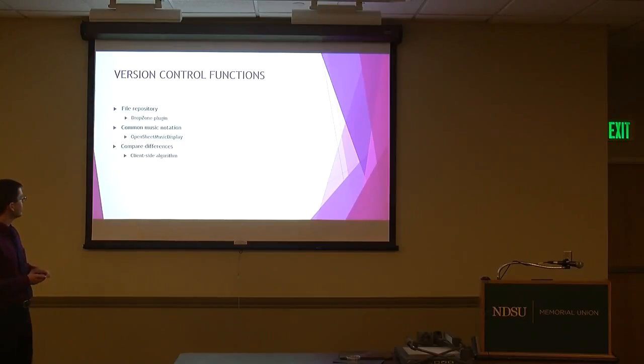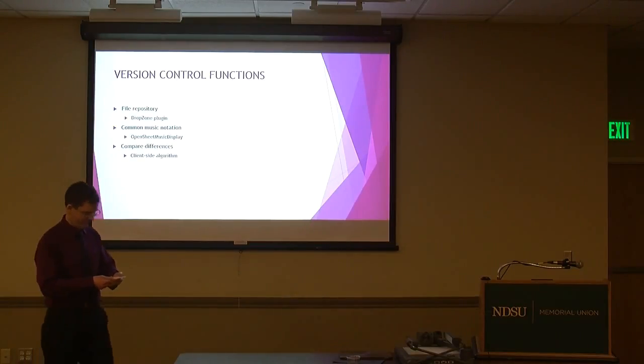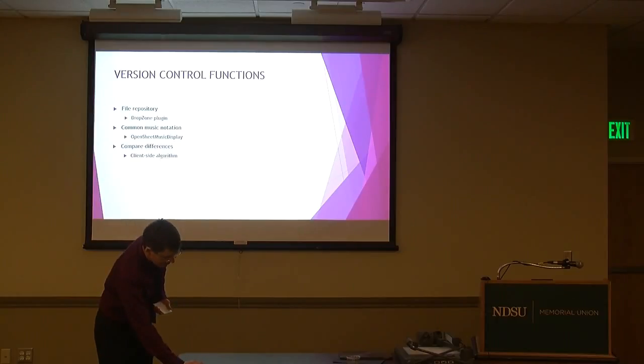And finally, we also want the ability to compare differences between versions so that the composer can easily see what exactly has changed between those different versions. That turned out to be a good exercise in data parsing, and I'll tell you more about that in one of the next slides too.